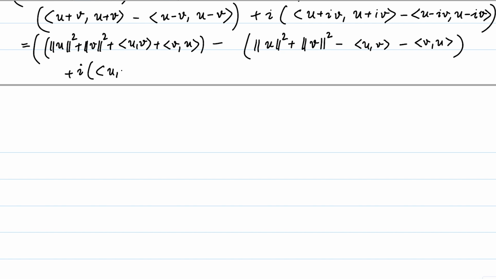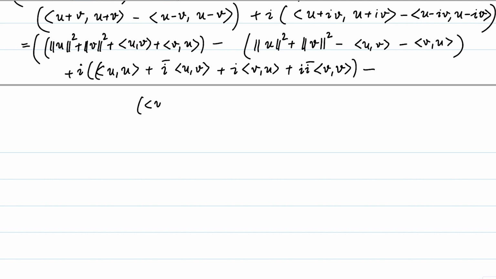This is going to be u comma u plus u comma iv, which is going to be i bar times u comma v, plus iv comma u, which is i times inner product of v comma u, plus the inner product of iv comma iv, which is mod of i square times v comma v, that will be the first term, minus, how about the second term?